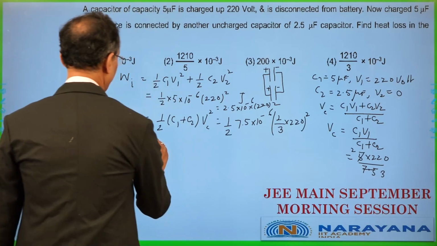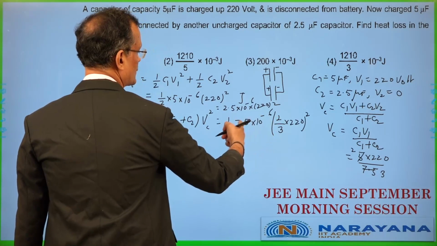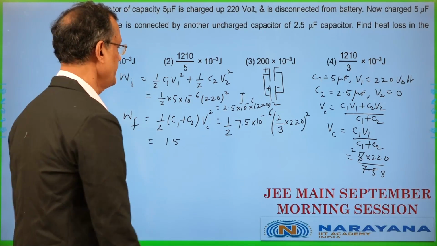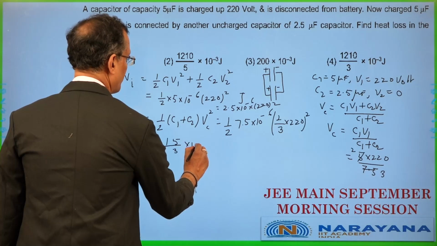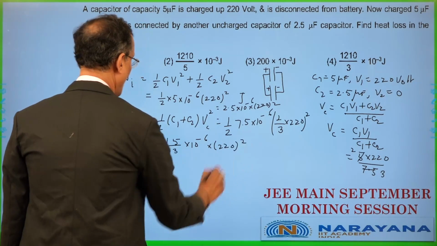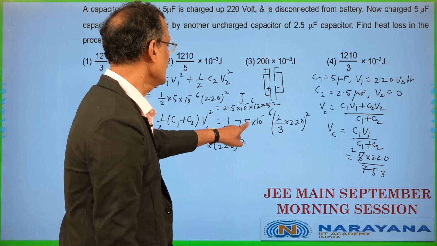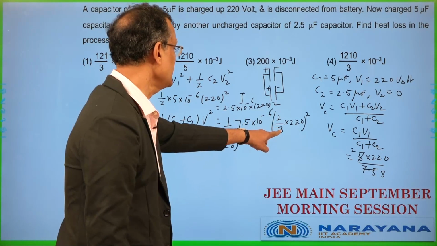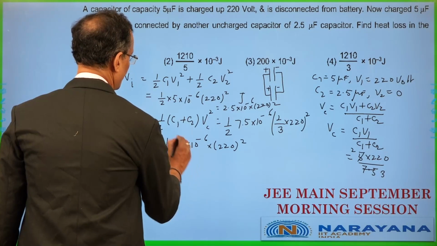This will become 15: 7.5 into 2 is 15, by 3, times 10 to the power minus 6, 220 squared. From here 2 is going, 1, 2 is left, so it is 15 by 3 into 3.